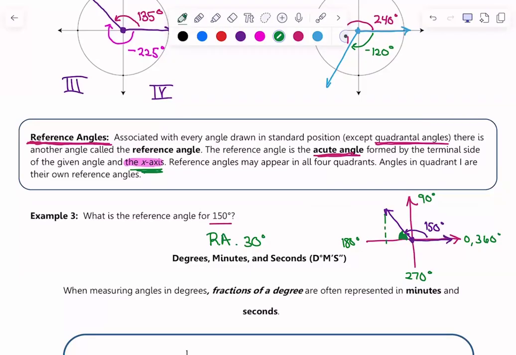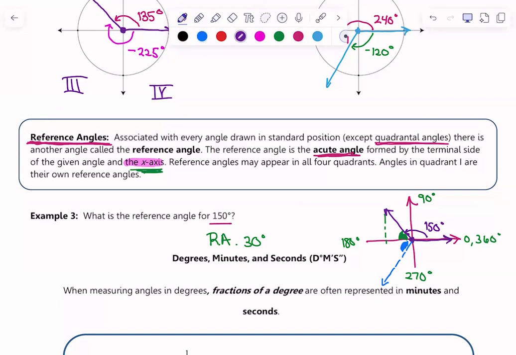Now it's going to change what you are taking it away from every time. So let's just briefly go through that. Like if I had, let me give myself a different color, if I had an angle that ended down here, this would be my reference angle. So it looks like, okay, yep, I'll take 180 away from it.